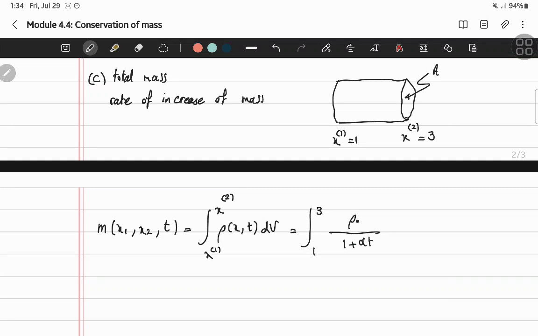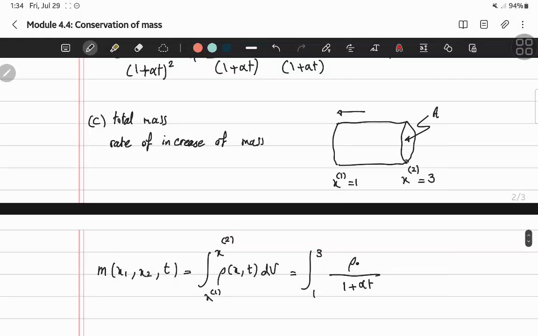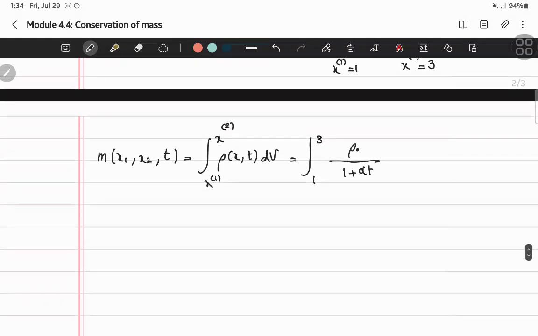Instead of dV, we know that this is dx1 because we are only using one dimension. So then we have rho 0 A divided by 1 plus alpha t, x from 1 to 3, which is equal to 2 rho 0 A divided by 1 plus alpha t.